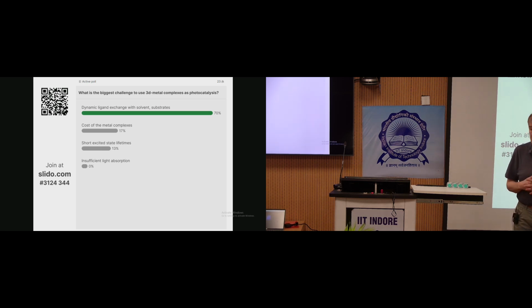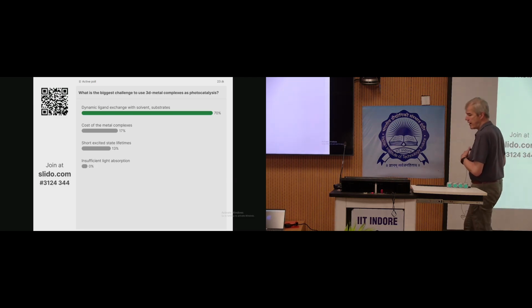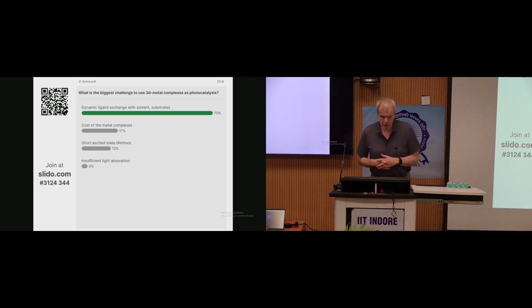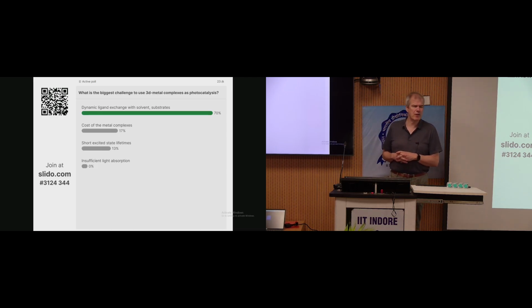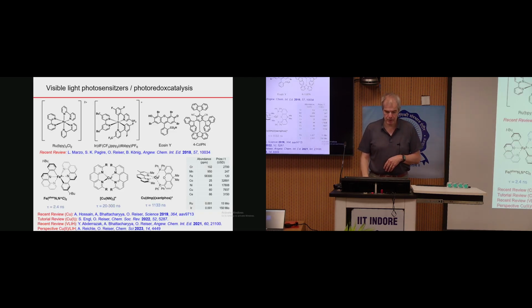And that is indeed the case, and that is something which we also like. Insufficient light absorption, nobody said this. You will see that some of the copper complexes do not have high absorption maxima, but are absolutely sufficient for photochemistry. So that's okay.